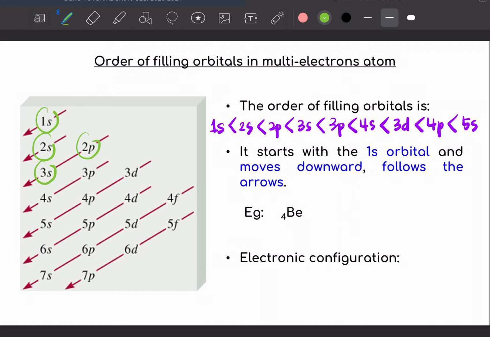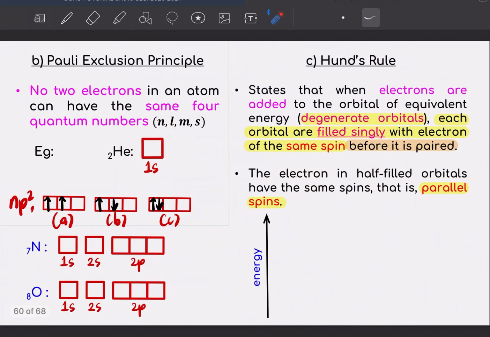Since we are going to fill in only 4 electrons, it is 1s, 2s. So 1s2, filled with 2 electrons, and then the next 2 in 2s. So basically, follow the energy: 1s first, then 2s.